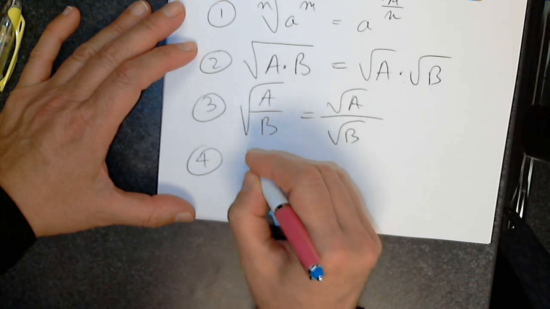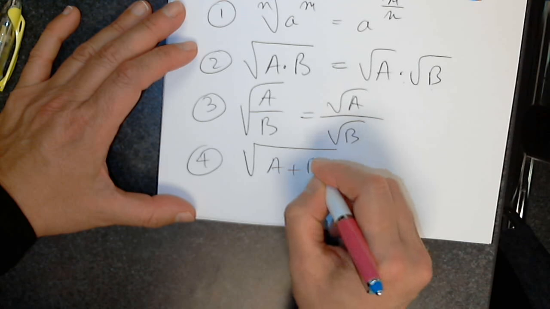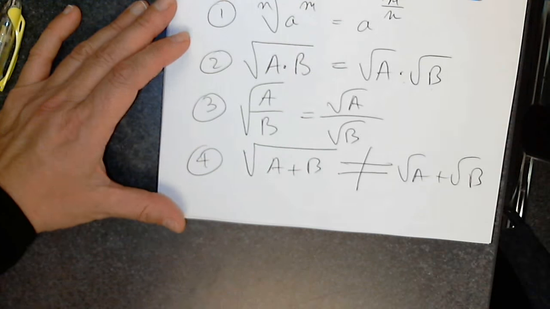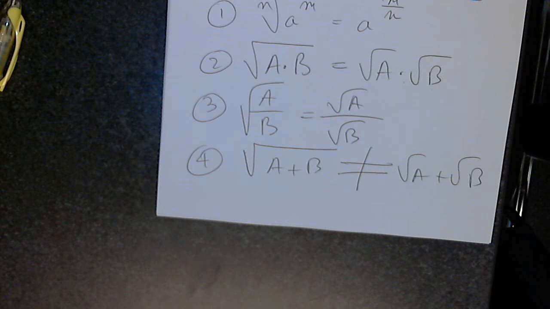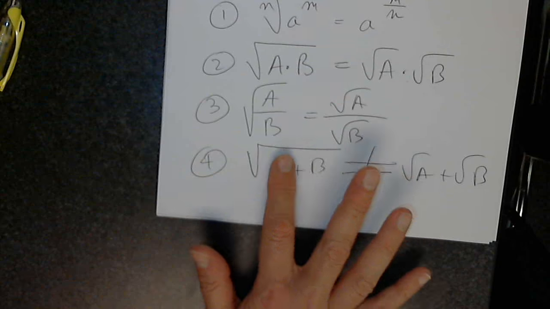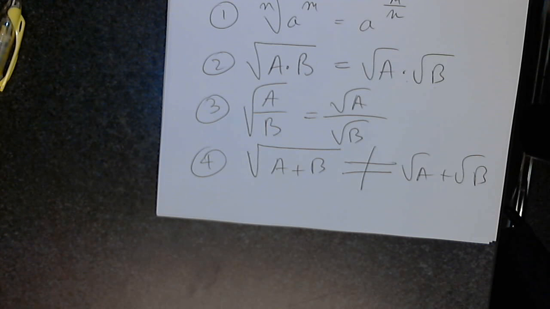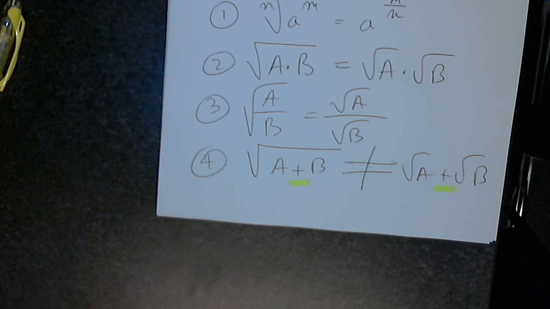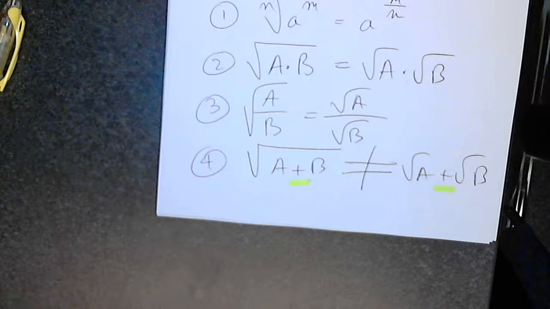However, the square root of a plus b cannot be split ever. If the radicand, this quantity is the radicand, is an addition or subtraction. So you can split a product, you can split a ratio, but you can never split a sum or a difference.